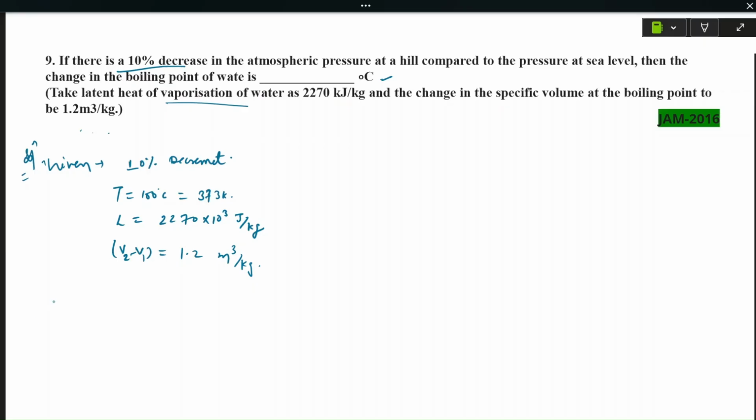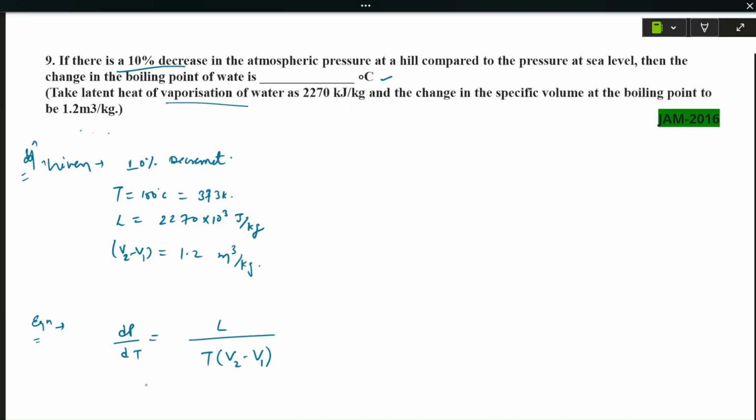Okay, so now we know by the Clausius-Clapeyron equation, dP by dT is equal to L over T (V2 minus V1).